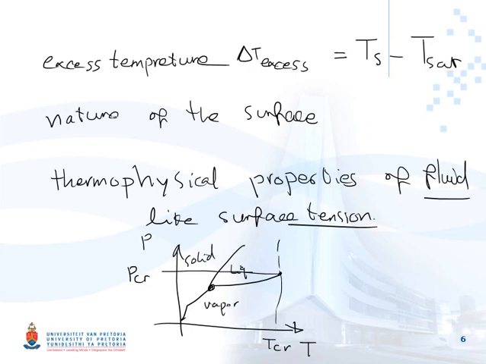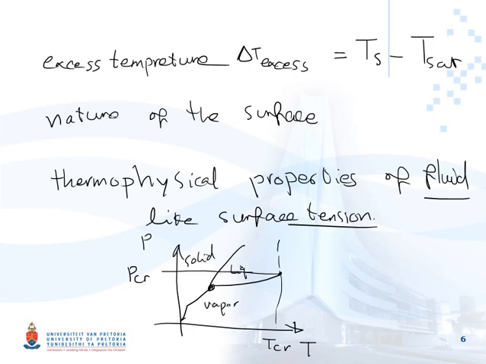As simple as that. Just keep in mind that the boiling process does not occur under thermodynamic equilibrium conditions, and that's the reason why the temperature and pressure of the vapor in a bubble are usually different from the liquid ones.